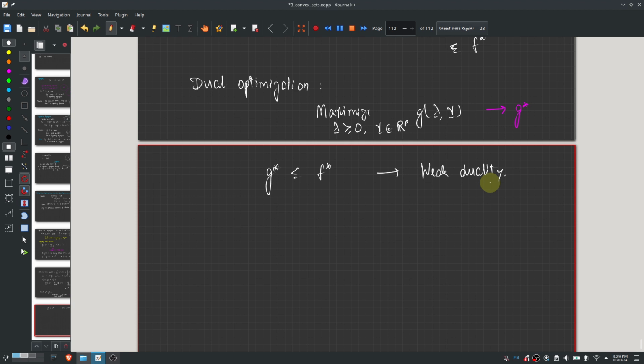Sometimes you can get analytical solutions, a closed form expression for the solution. In fact, most convex optimization algorithms try to solve the dual optimization problem. There are numerical techniques to solve for this. And we'll give a set of conditions, in other words a set of equations. If you can numerically solve those equations, then you will get the solution to the dual optimization problem. So if g star equals f star, then this is called strong duality.